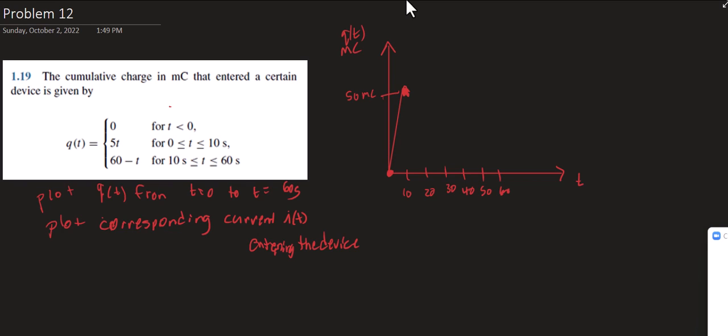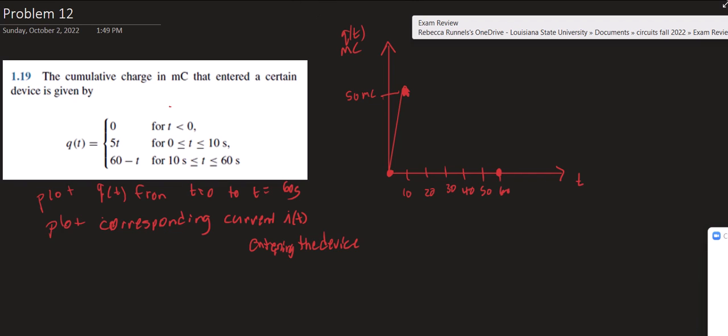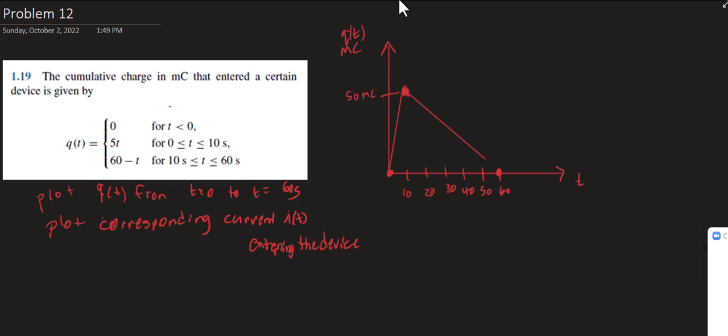So at 10, if I plug 10 in here, I get 50, which is good because my charge does need to be continuous. And if I plug 60 in here, I get 0. So my charge should go like that. So that would be my graph of charge versus time.